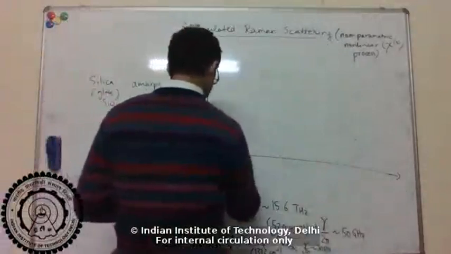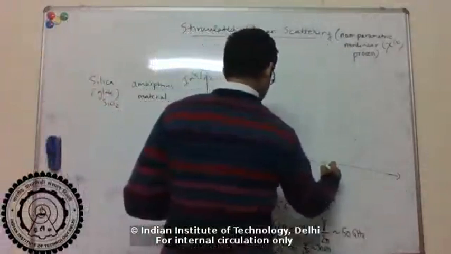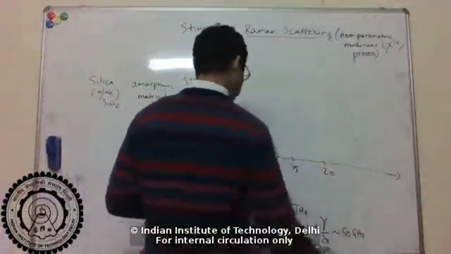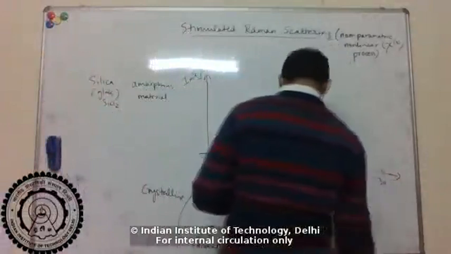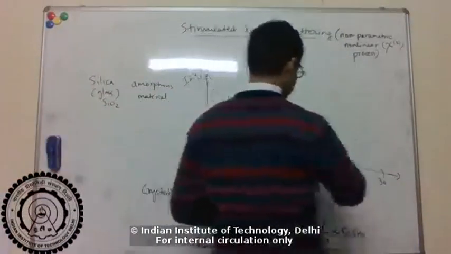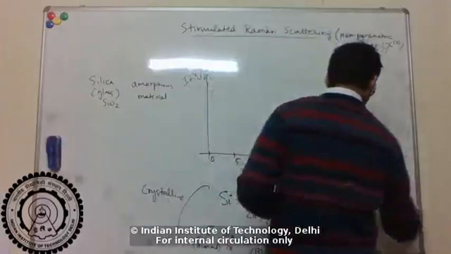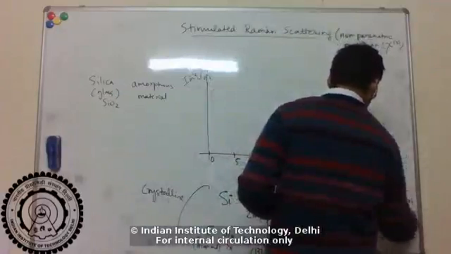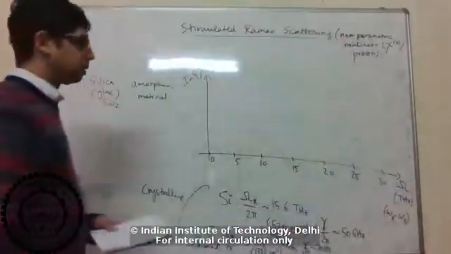So this axis is the detuning in terahertz: omega p minus omega s, the difference in the pump and Stokes.